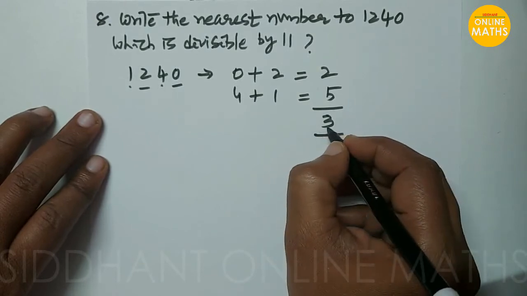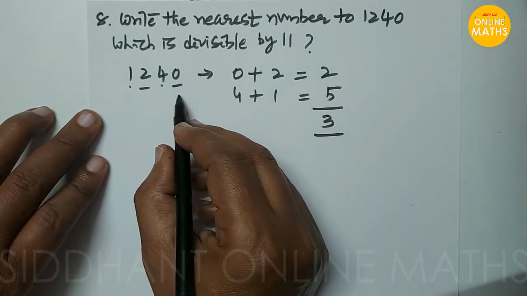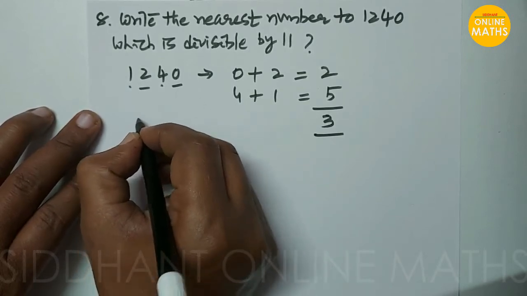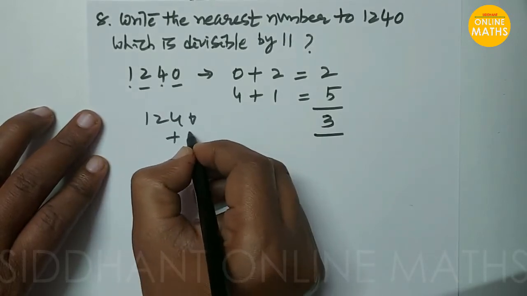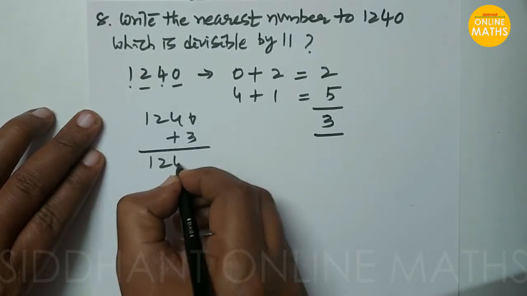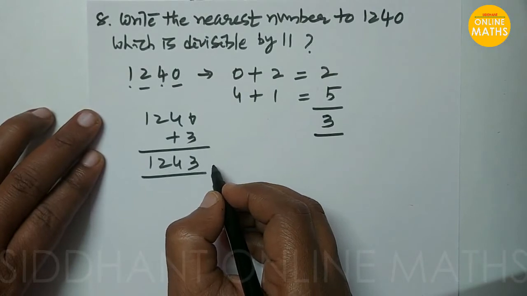So if you add 3 to this number, then the number will be divisible by 11. So to 1240, if you add 3, we get 1243. So this number is divisible by 11.